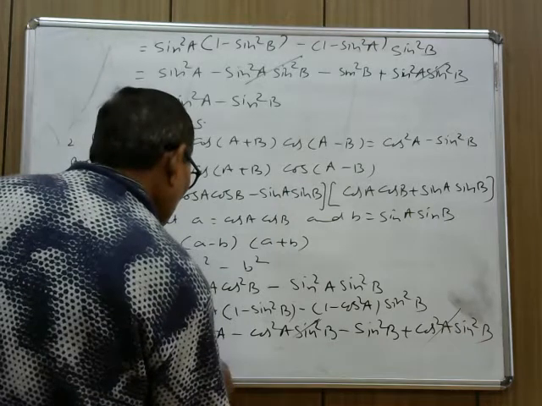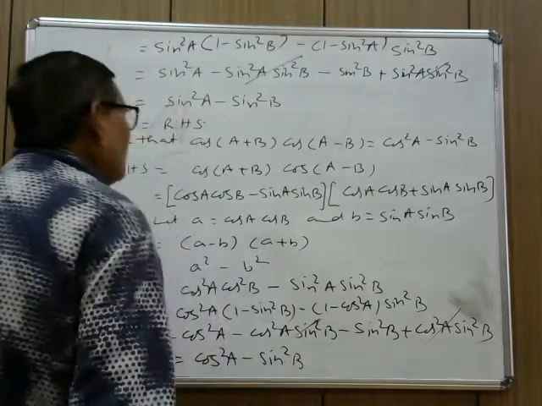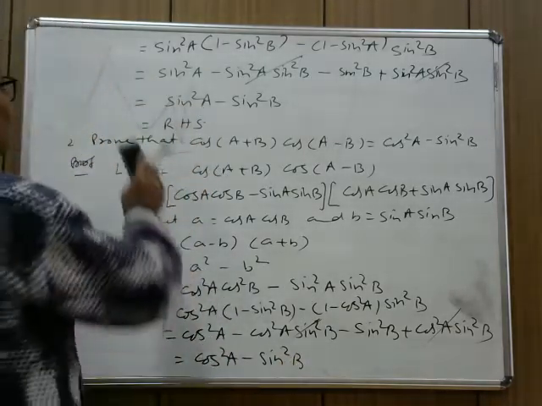That is equal to cos square A minus sin square B. This is the proof of the second transformation formula.